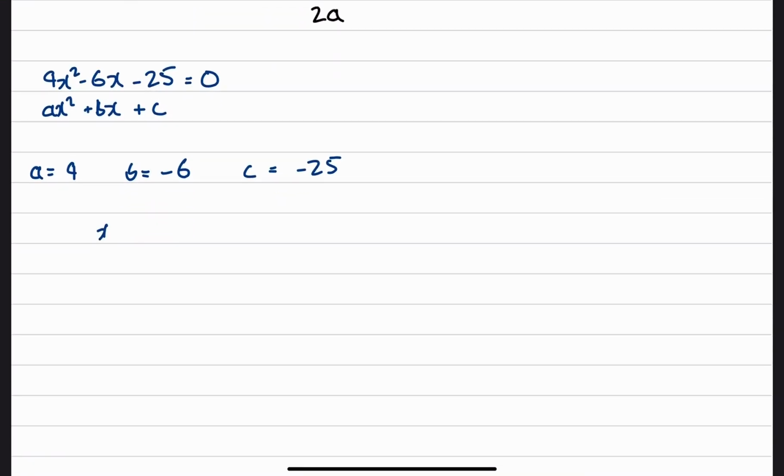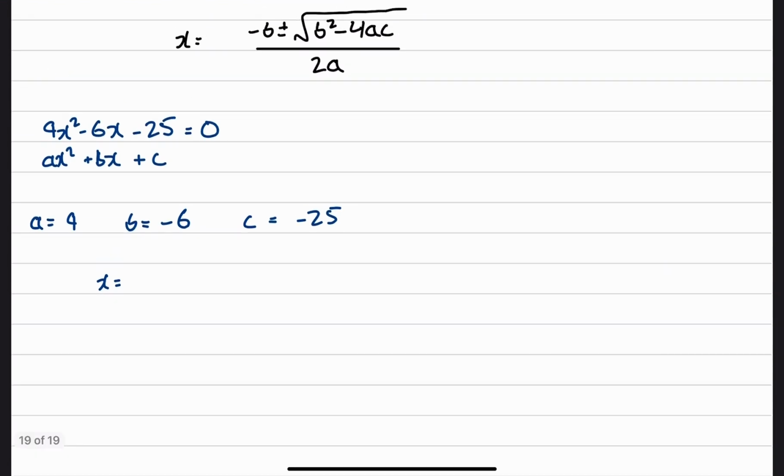So now let's go back to our formula, which was x equals minus b plus minus under root b squared minus 4ac over 2a.